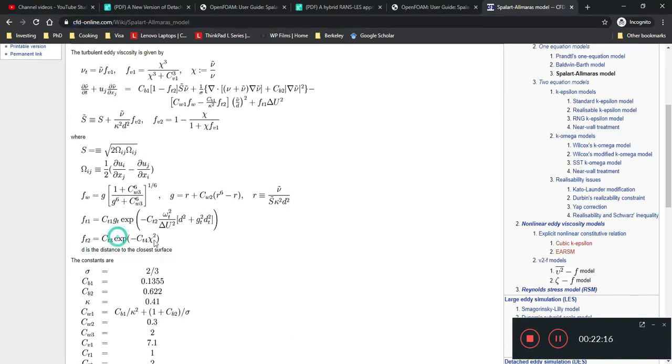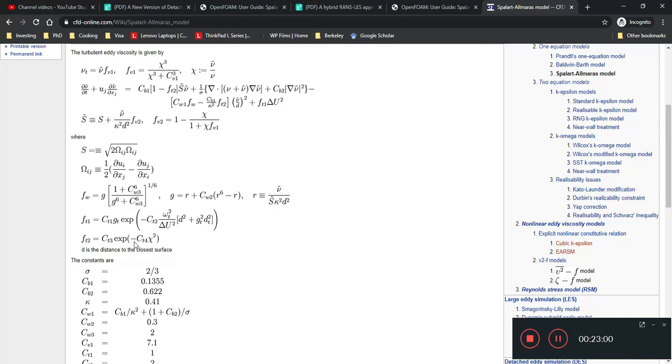Ft2 is this thing over here. Far from the wall, you have chi. Chi is the ratio of this Spalart Allmaras turbulence viscosity over the fluid viscosity. As you go very far away from the wall, ft2 rapidly approaches 0 because this exponential of a big negative number results in ft2 becoming 0.